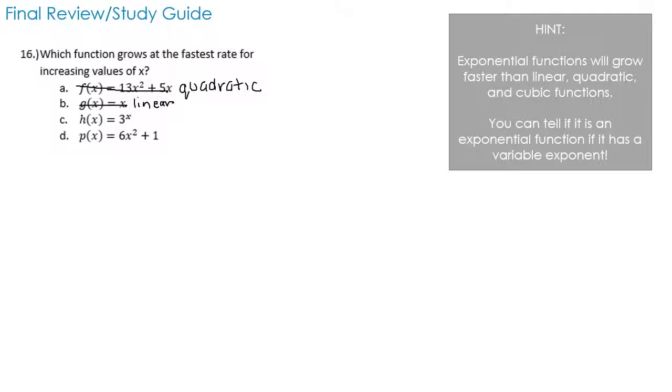For C, we have 3 to the x power. So notice our variable is the exponent. So this is an exponential function. So it's going to be C. Let's check D just to be sure. So D, we have 6x squared. So D is another quadratic function, which means it cannot be D. C is our solution.